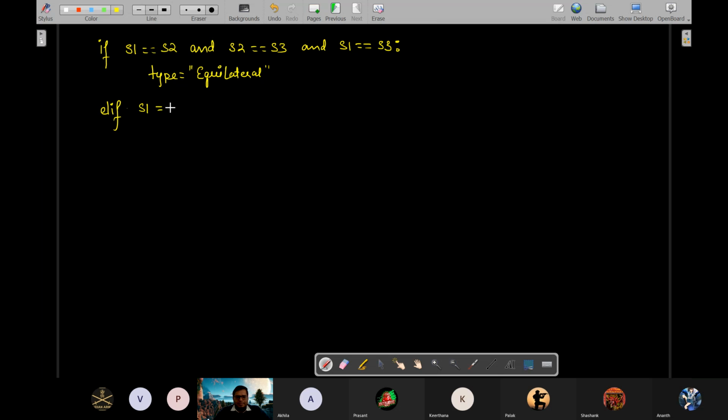What will we write here? अब isosceles triangle देख रहे हैं. What condition should we write? S1 is equal to S2 and S2 is equal to S3 या क्या लिखेंगे? And यूज करेंगे या और यूज करेंगे?